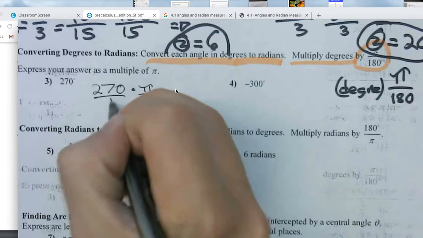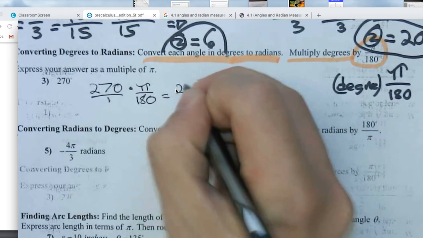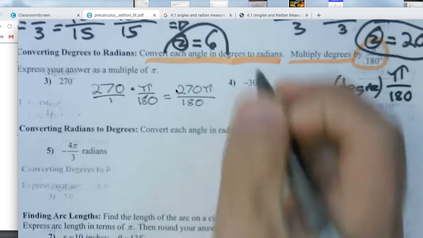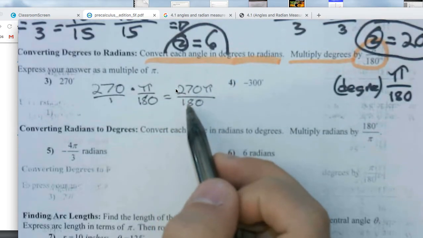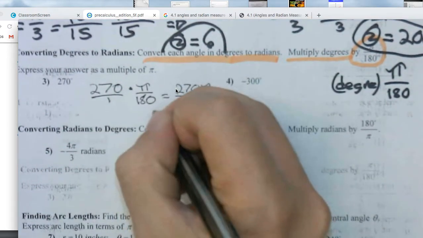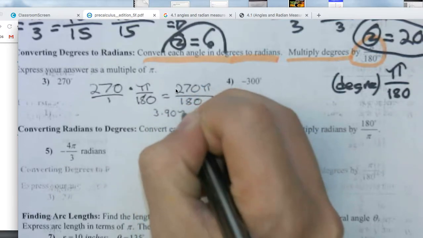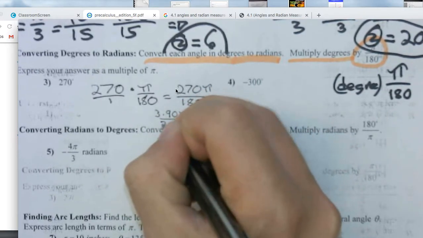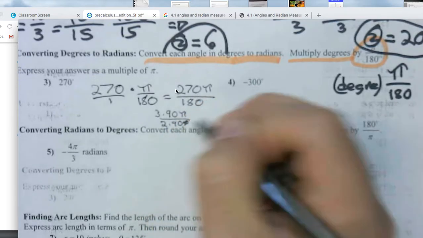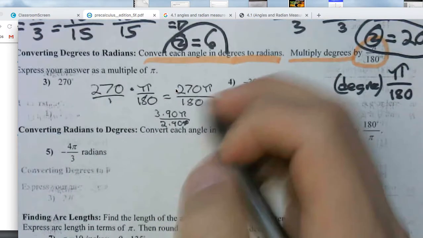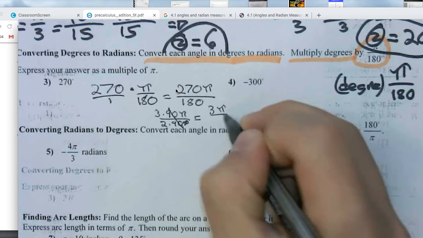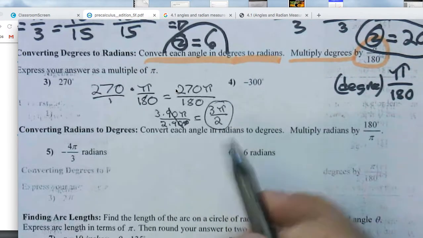If we multiply across, we get 270 pi over 180. I know that 270 and 180 have 90 in common, which is an angle that comes up quite a bit. So I could rewrite this as 3 times 90 pi over 2 times 90. And then what can I cancel here? Should be 90. So we can rewrite this as 3 pi over 2.